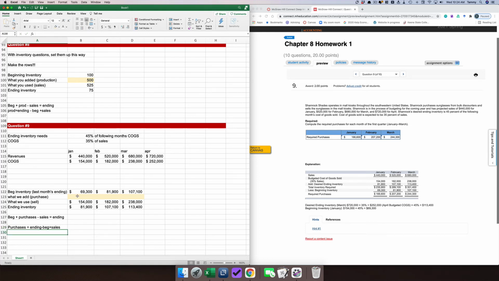So purchases here, I'm going to calculate it down here. It's our ending inventory minus beginning inventory plus sales. 166.6, which is right here. So that's correct. There it is.